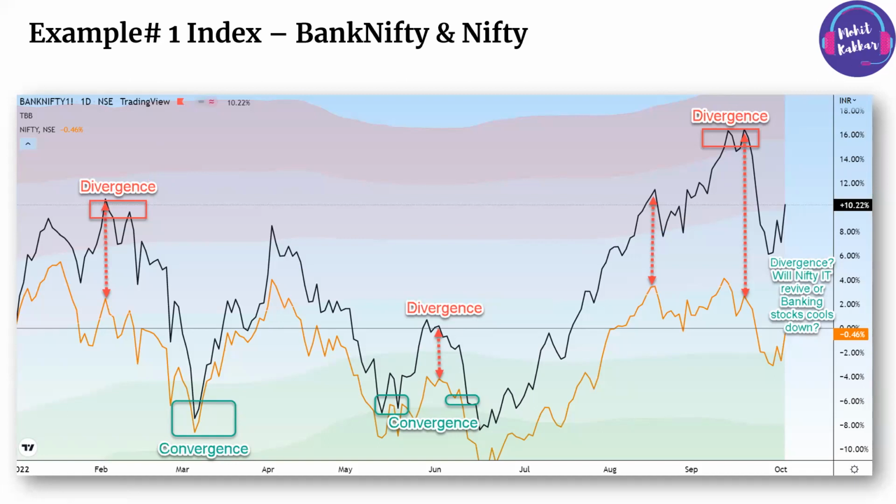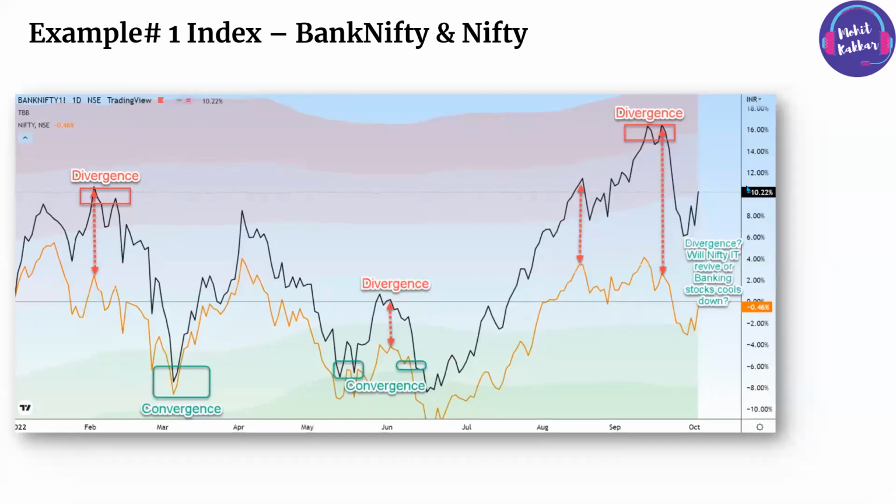Stocks will give you more, and if you track a lot of stocks, you will get a lot of opportunities. But the index doesn't give you many, because they're not that volatile, as they're made up of a huge number of stocks with certain weightage. So here the divergence got created, the trade was taken, and then the trade was closed.